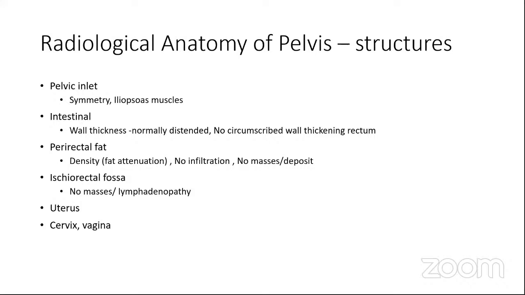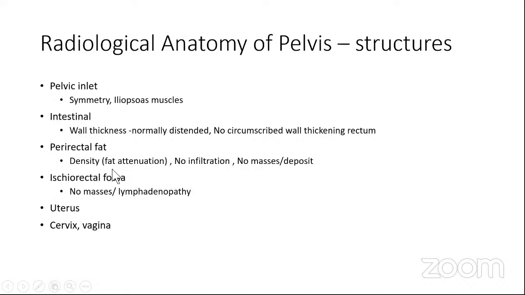These are uncommon abnormalities which we have to rule out before going ahead with the full plan. Of course, we'll also look at the intestines and their wall thickness, whether they are distended or not, and whether they show any signs of distension or obstruction, in both the large bowels and the small bowels.